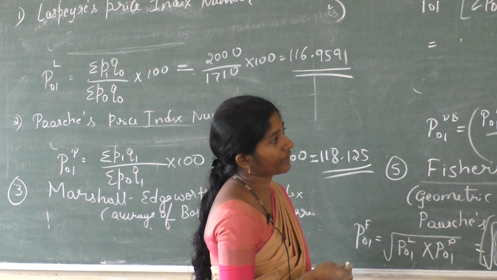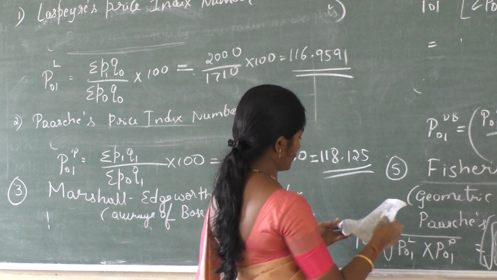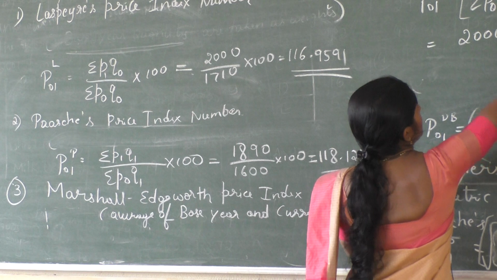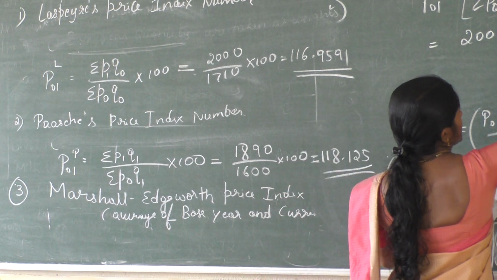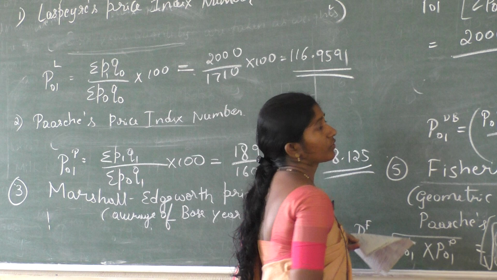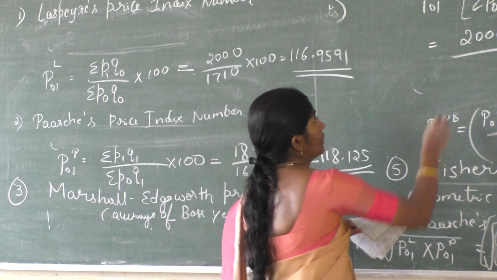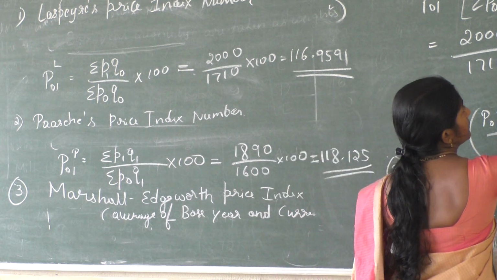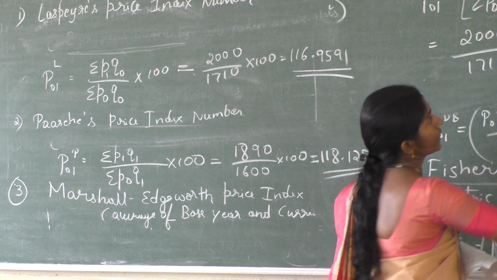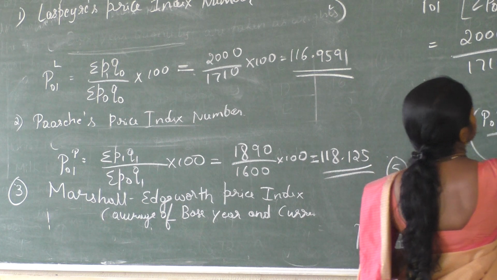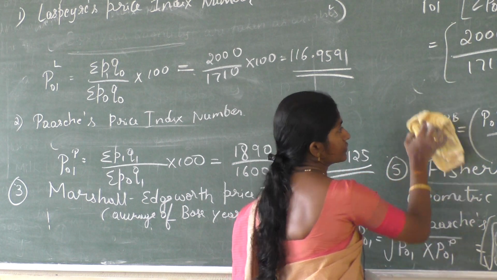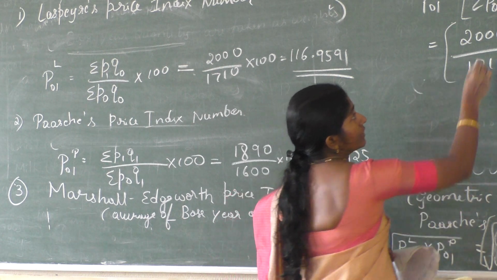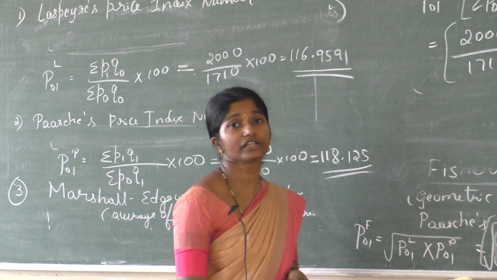P1 Q0, our value is 2000, plus P1 Q1, our answer 1890, divided by the total value of P0 Q0, 1710, plus P0 Q1, 1600, into 100. Let's first add these two values.